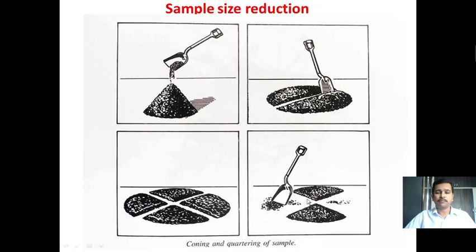Until we get that much solid sample, we have to subject the sample to this process. So these are the steps involved in sample size reduction: coning, flattening, quartering, ignoring 2 opposite quarters, and again subjecting the remaining 2 quarters to coning, flattening, and quartering.